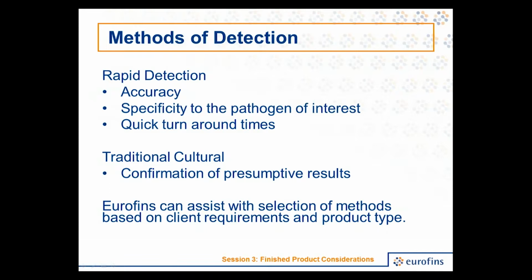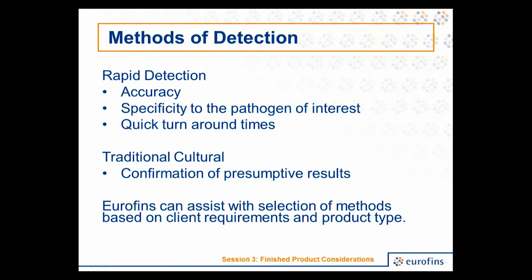Traditional cultural methods are not seen or asked for as often after the initial enrichment step, and we mainly use these to confirm presumptive results after we've gotten a result on a rapid detection method.